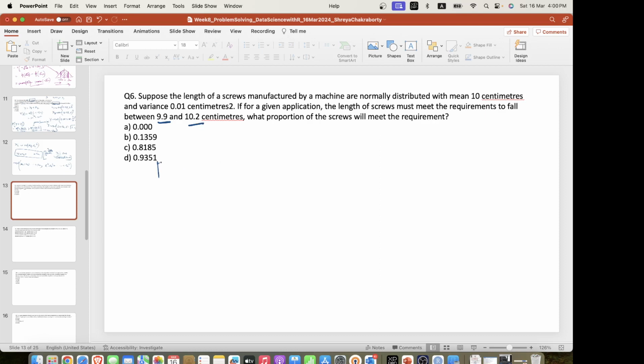So we have to find the probability. X is the length, and x follows normal with mean 10, and variance sigma square is 0.01. So we have to find 9.9 less than x less than or equal to 10.2.